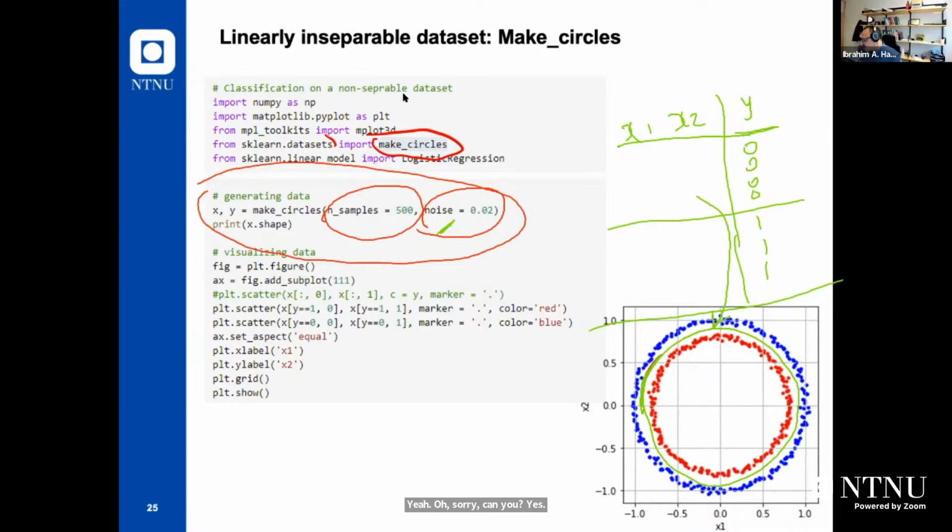Yes, we need to do this exactly. We have two classes, but maybe not dimensionality reduction because we have only X1 and X2. So maybe you need to reduce it into just X1, for example, so it will be one dimensional. Anyway, we need to work a little bit with those features to try to find a way to make it separable, right? We need to make it separable.